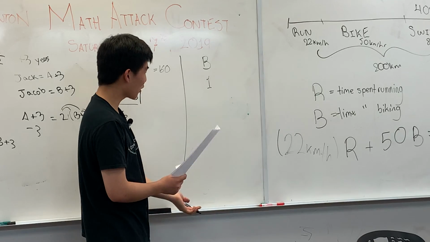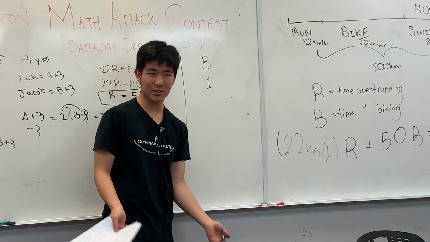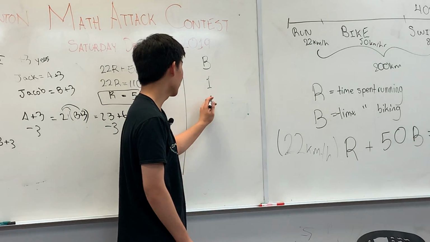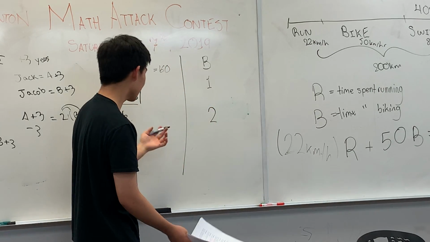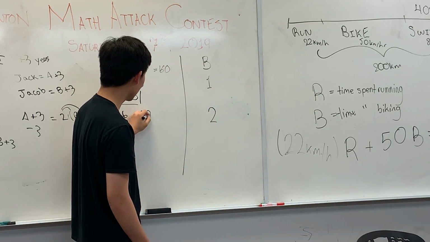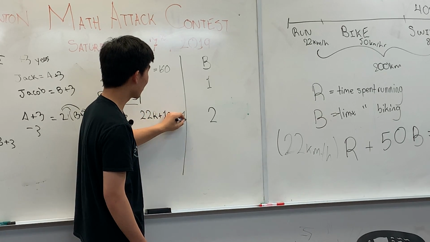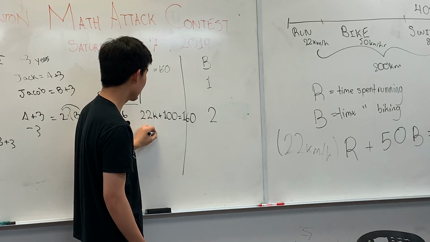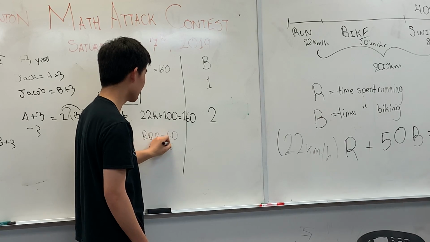But you should probably check the other possibilities just in case, maybe there's another solution, and maybe the question actually expected you to give both of them. So what are other values of B? B could be 2. So then you have 22R plus 100 is equal to 160. 22R is equal to 60, and then R is equal to 60 over 22.